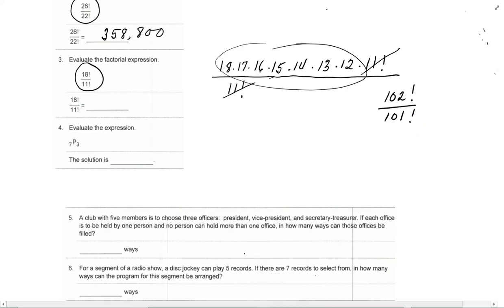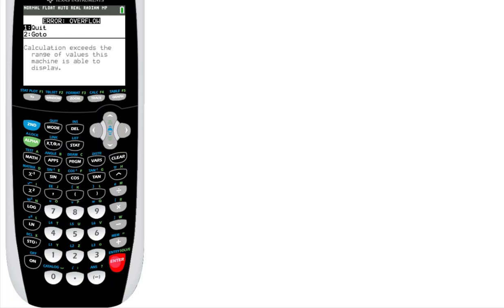But if you tried to do that with your calculator, you did 102 factorial divided by 101 factorial, and you hit enter, it would give you an error overflow.